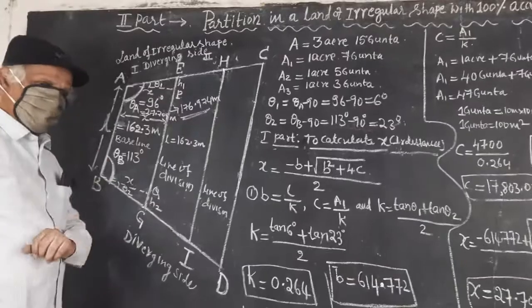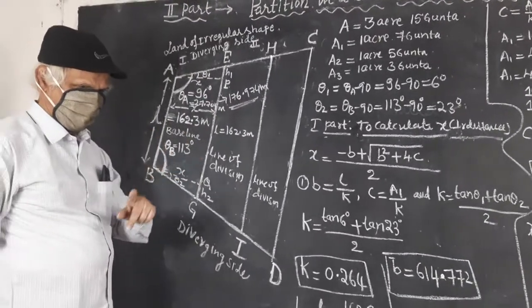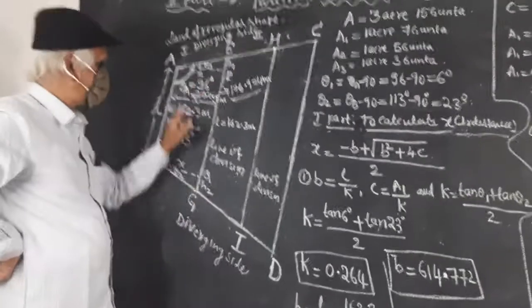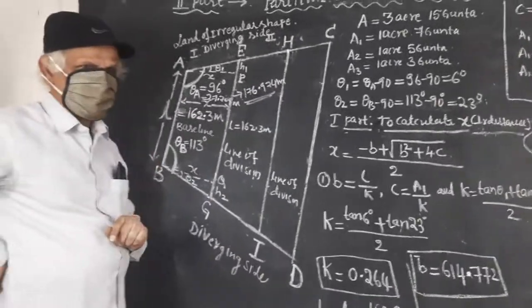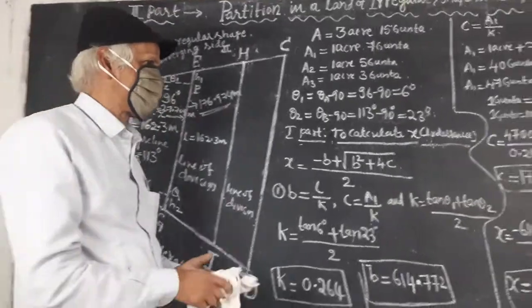So after finding the length of the line of division, the next important step is to find the distance of cutting points E and G from A and B respectively. That is to find AE and BG.